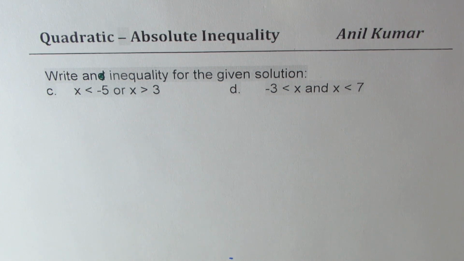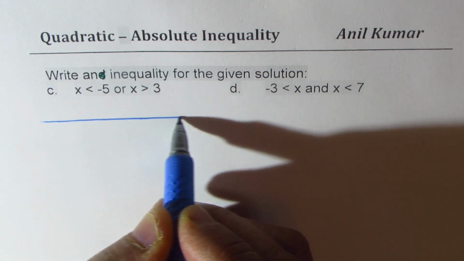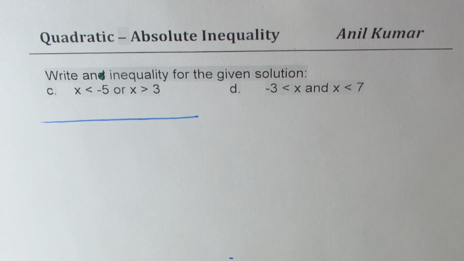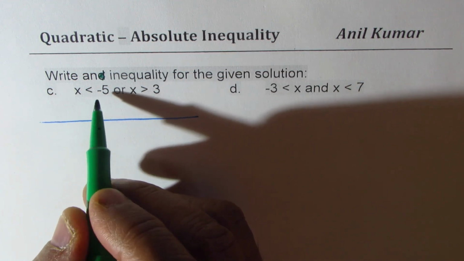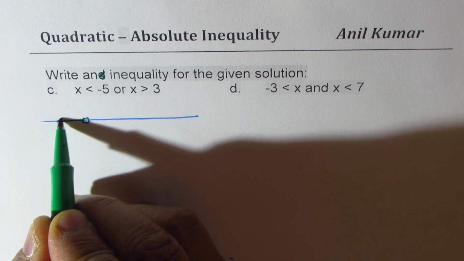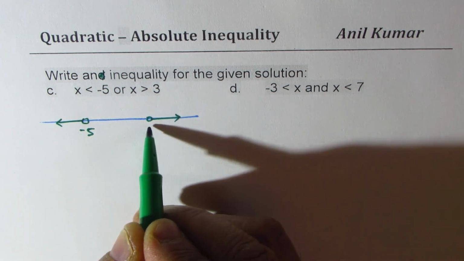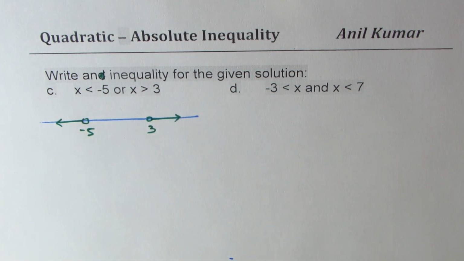Now let's take up example C and D. We have to write an inequality for the given solution. The solution, the first one here, C, is x is less than minus 5. Let's go this side of minus 5, and x is greater than 3. We need to write some inequality. Now writing a quadratic equation could be simple.